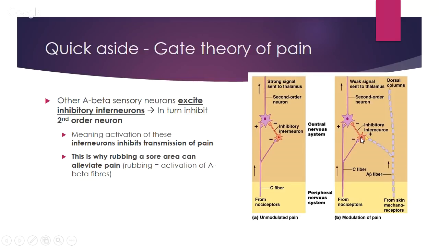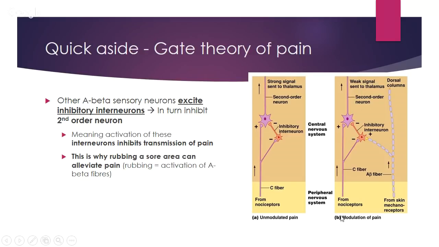And remember, if we're activating an inhibitory interneuron, that's going to have inhibitory effects on whatever neuron it acts on. So we activate this neuron, which then goes on and inhibits the second order neuron that's carrying nociceptive information up to the brain. Is that making sense?